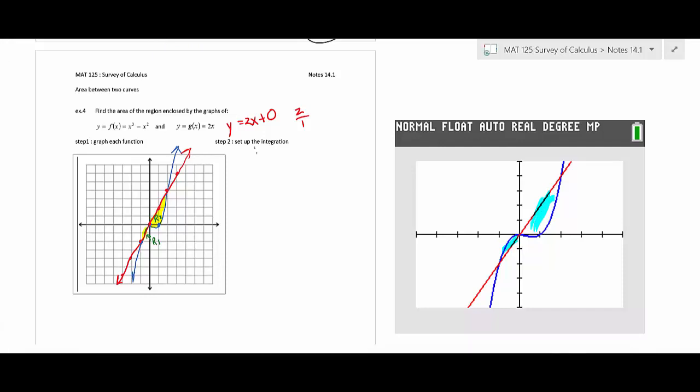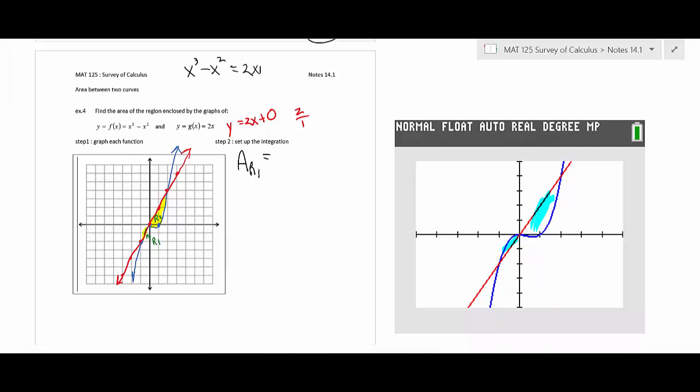Okay, so let's set up our two integrals then. So the first integral, we'll just look at the area of region 1. Now what we're going to do is totally use our calculator to find the intersection points on this one. So what you could do is solve this equation like that to find where the points intersect, or you can do it on your calculator.